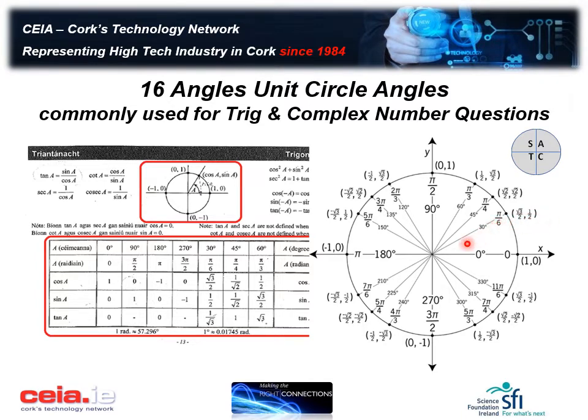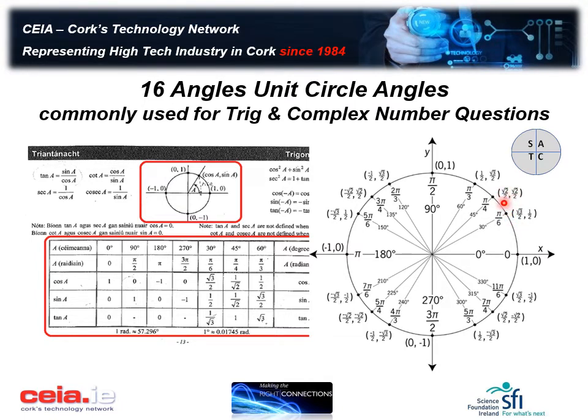For example, for pi over 6, we're looking at cosine, sine of root 3 over 2, comma a half, whereas for 5 pi over 6, it's minus root 3 over 2, comma a half. So the values are very much repeated as we work our way around the circle.